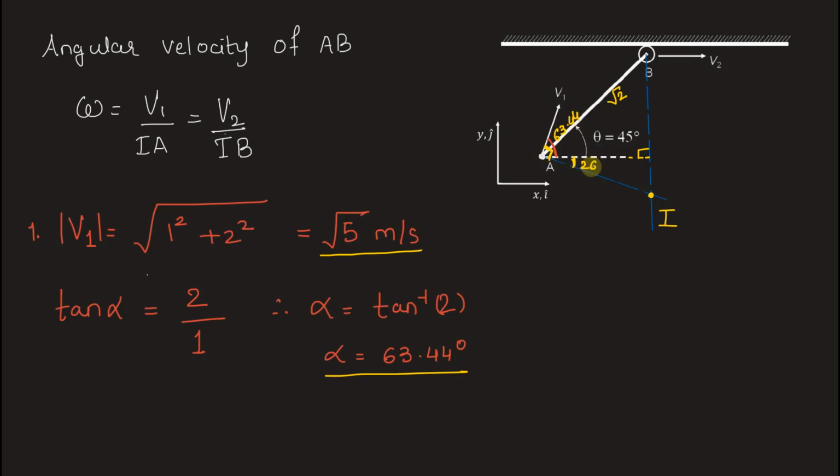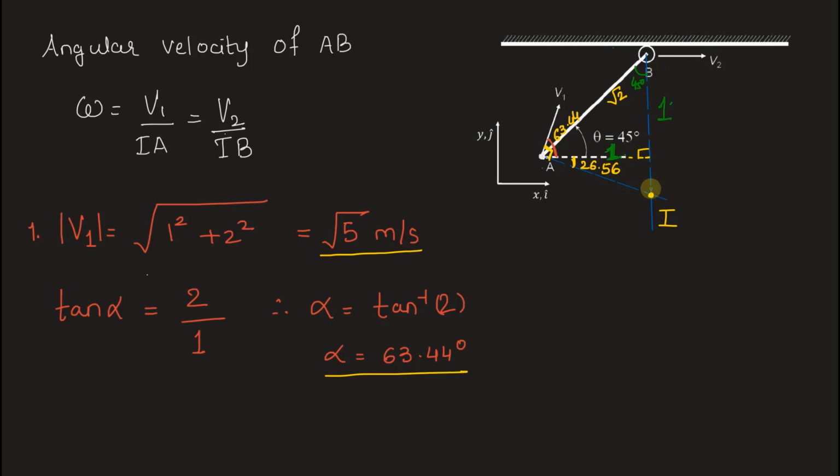This calculates to 26.56. So if this is 45 degree, this is 90, this is also 45. Angle ABI is also 45. Hence, these two sides will be equal to each other and they will be root 2 into cos 45, which is nothing but 1. This side is also 1.